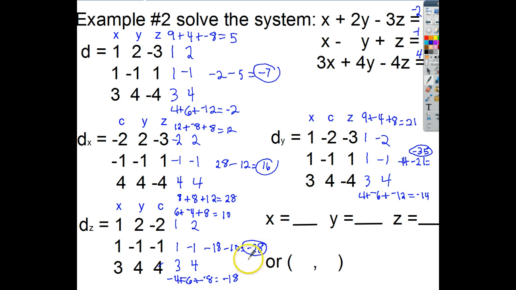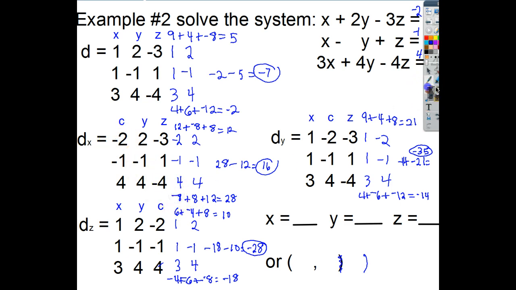Okay. Let me go back and check this answer right here, because something tells me that I intended for these to be whole number solutions, and I certainly don't have enough room for my answer down here either. So let's check this one more time. This should be negative times 8 is negative 8 here.